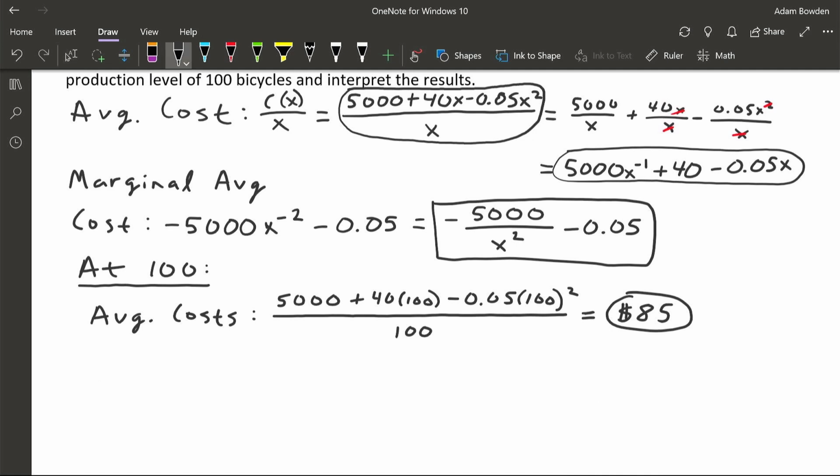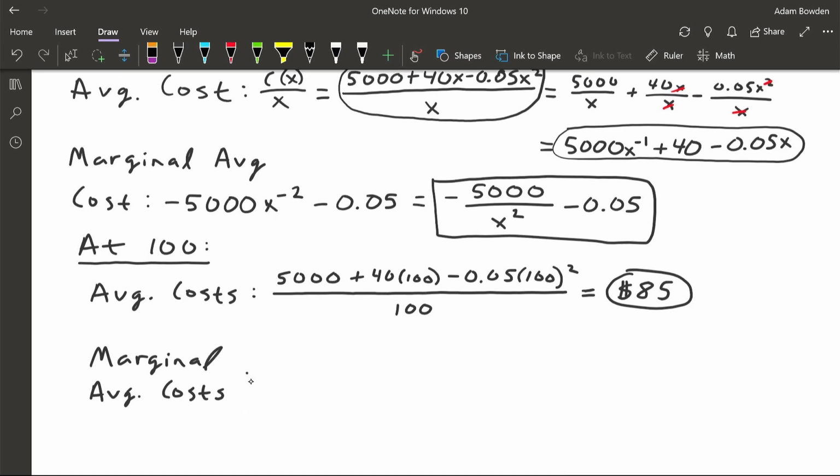For the marginal average cost, we'll basically plug 100 into that derivative we found up above. It'll look like -5,000 over 100 squared - 0.05, which is equal to -0.55.